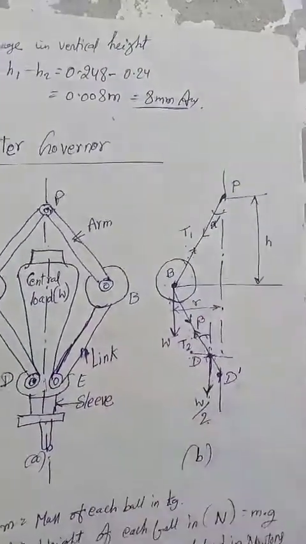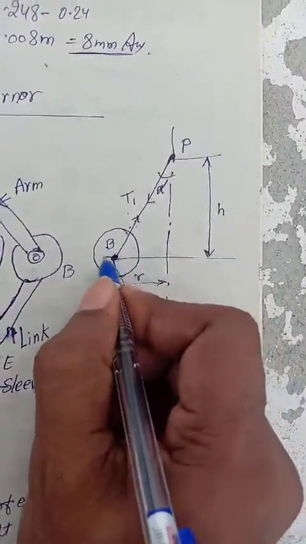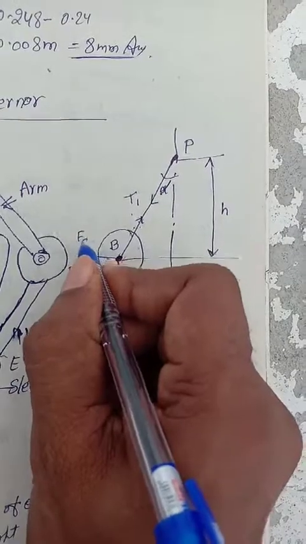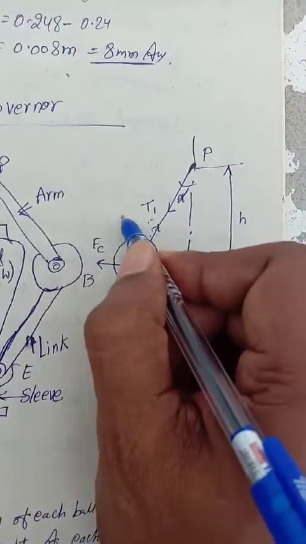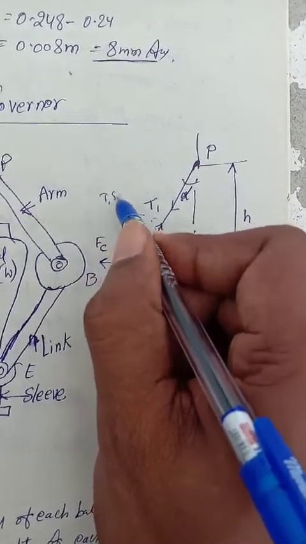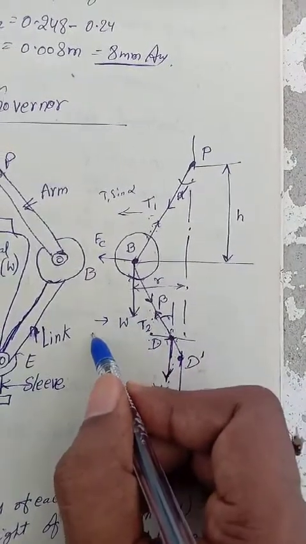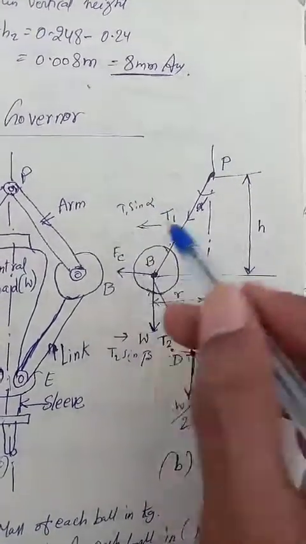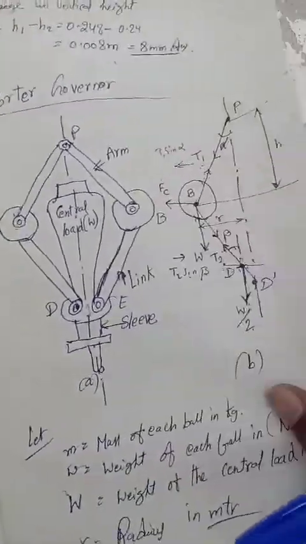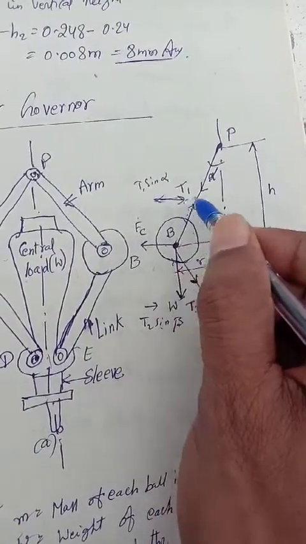Now the forces acting horizontally: the centrifugal force is acting horizontally, and here T1 sin alpha is acting, and here also T2 sin beta is acting, so these three forces are acting horizontally. We take the upward direction like this.